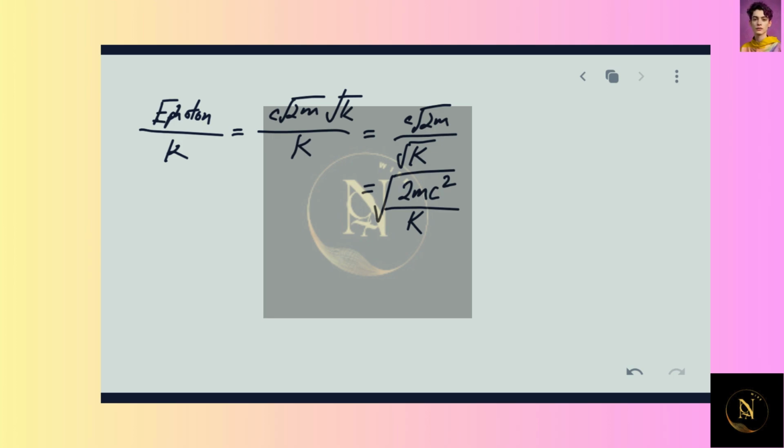Now, given that our kinetic energy is not very large, such that the electron speeds are much slower than the speed of light, we are given that v is much smaller than c.